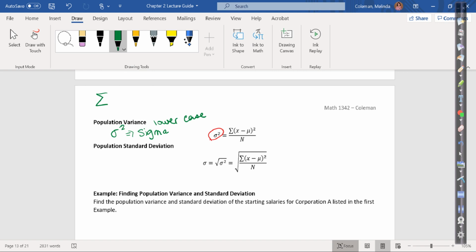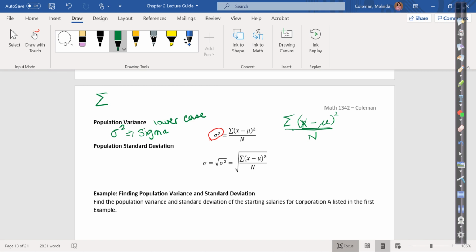So it tells us again to take the deviation. So we're going to take each data point, subtract the mean, square them, then add them all up, then divide by the number in the population. So again, order of operations dictates how we do this. We take each data point and subtract the mean, then we square it, then we add each one of these things and divide by n.